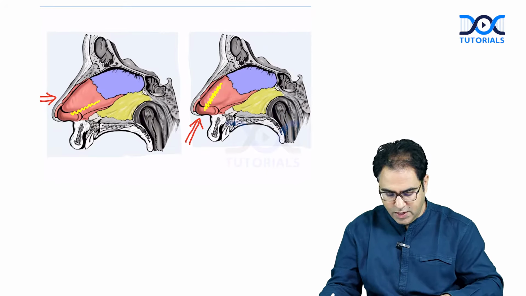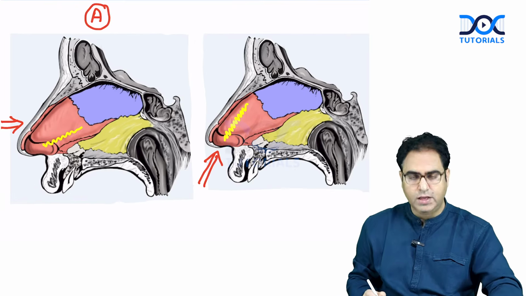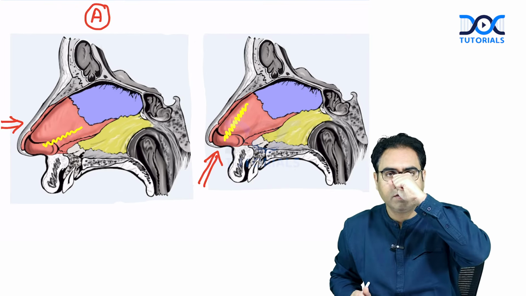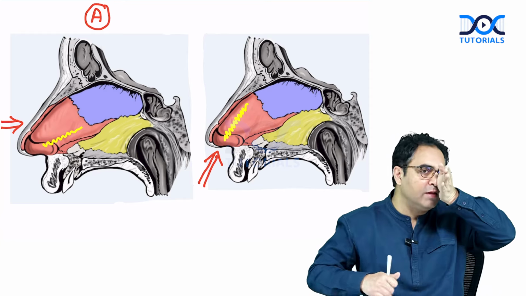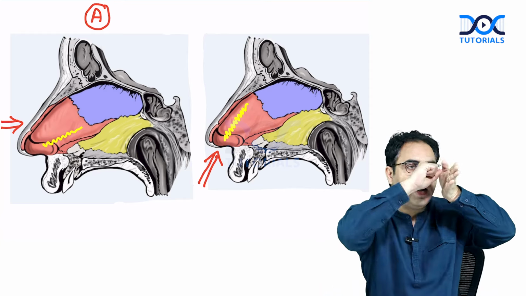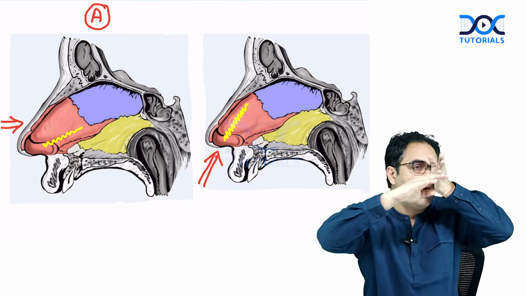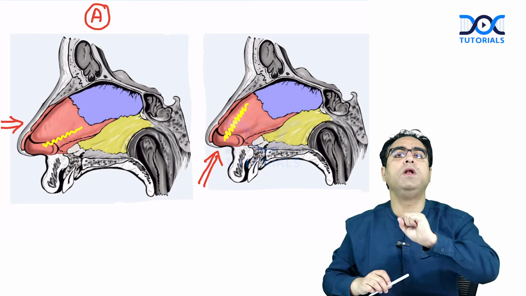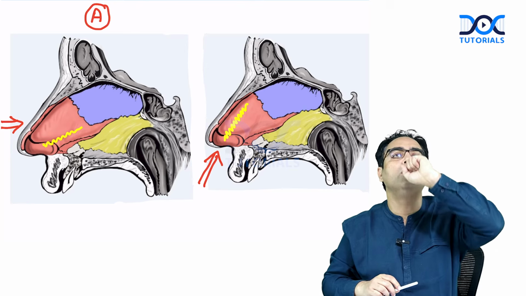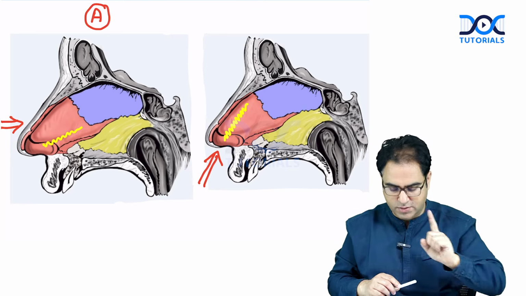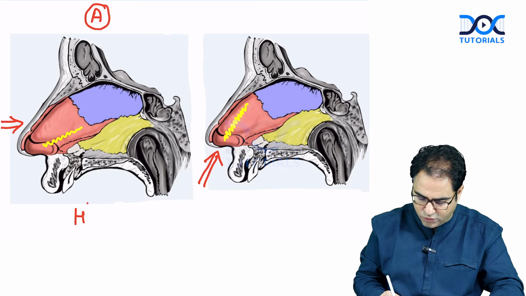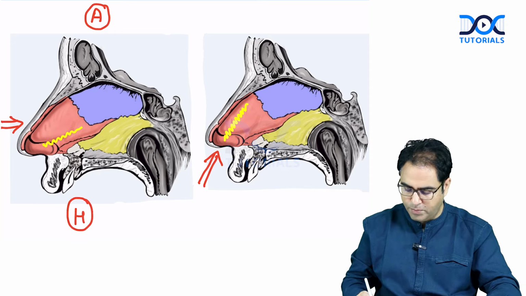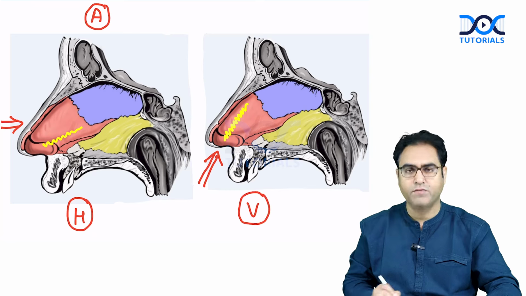Look at picture A. If the force is from the front, it will lead to horizontal fracture. You see, the septum is like this. If force is from the front, like this, it will do horizontal fracture. And if force is from below, like this, the fracture will be vertical. So the force from the front will lead to horizontal fracture and force from below will lead to vertical fracture.